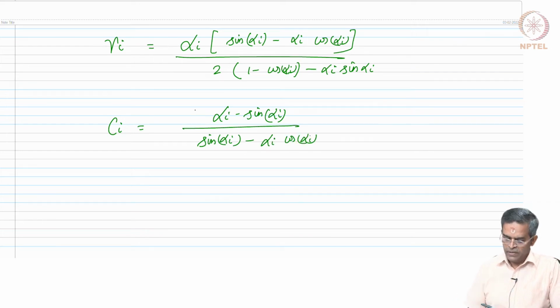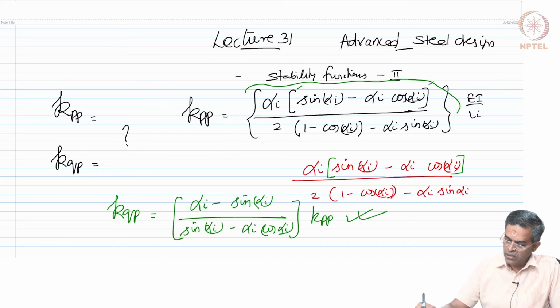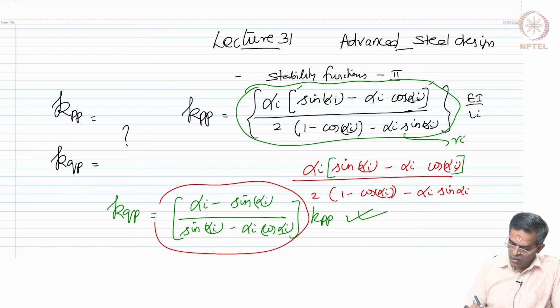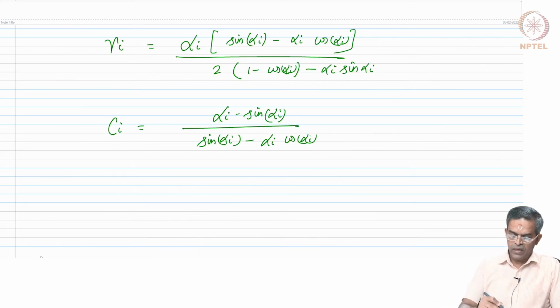On the other hand, friends, look at this equation. This is what we call Ri and this is what we call Ci. That is what we have written here, Ri and Ci.